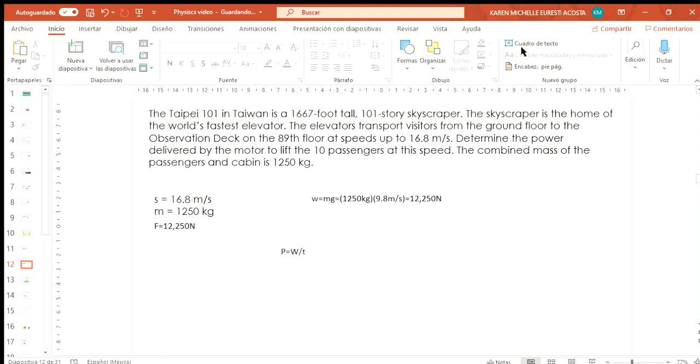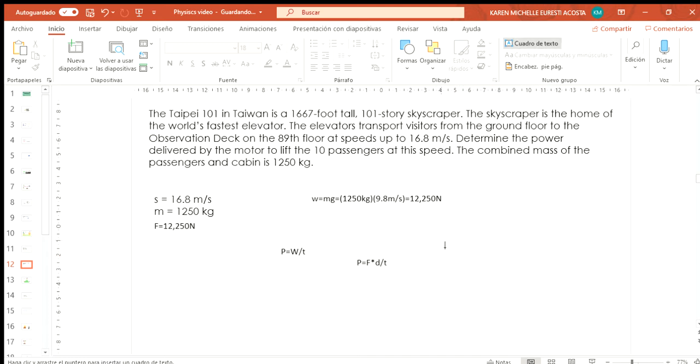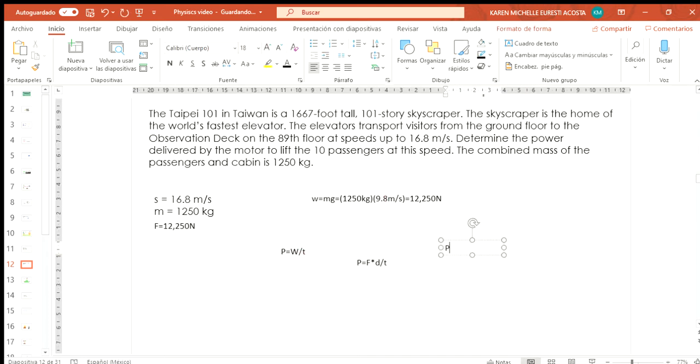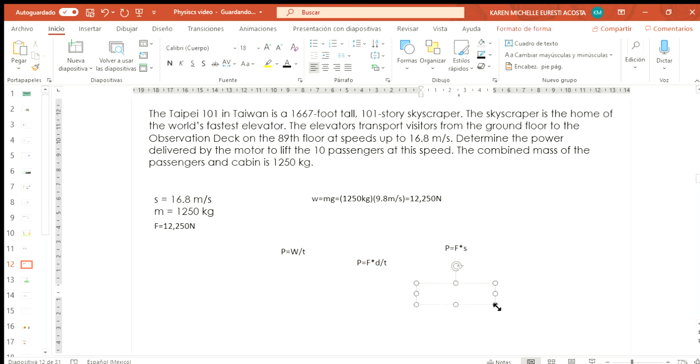So we know that the formula of work is force times distance. So it will be force times distance over time. And we know that distance over time equals speed. So this means that power is equal to force times speed, that we do have. So now we can replace the values to get to the answer.